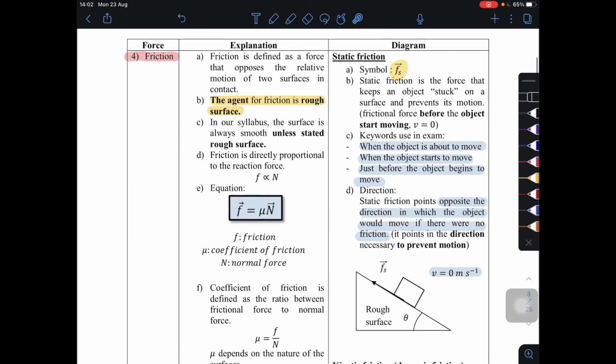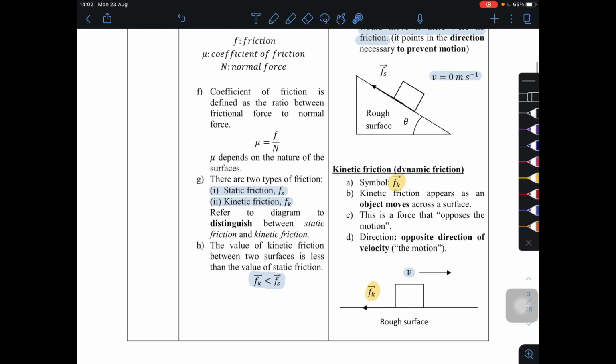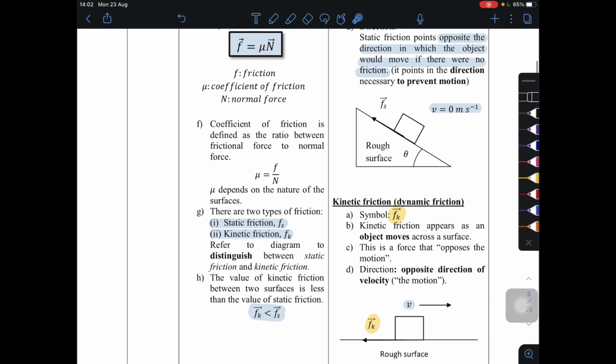So untuk kirakan friction ni kita kena tahu normal force, and coefficient of friction usually depends kepada surface. Soalan akan bagilah value untuk coefficient of friction. Okay, so just need to remember that the value for kinetic friction force will always be smaller than the value for static friction. So this one kamu kena ingatlah the concept here.